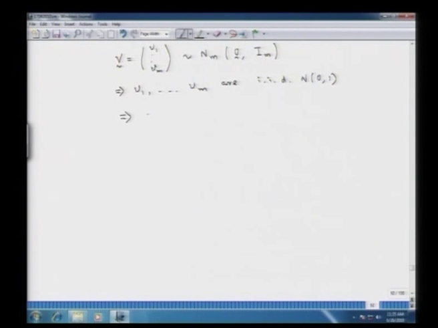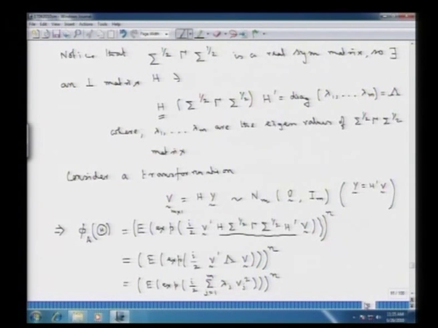So, this would imply that V1 square, V2 square, Vm square are the squares of the standard normal variates. Since V1, V2, Vm are IID, so will be V1 square, V2 square, Vm square. These are IID what random variables? These are chi-square on 1 degrees of freedom random variables. So, what we have obtained is that we have reduced this cumbersome derivation of the characteristic function of the Wishart distribution to the characteristic function of just a simple chi-square random variate on 1 degrees of freedom.